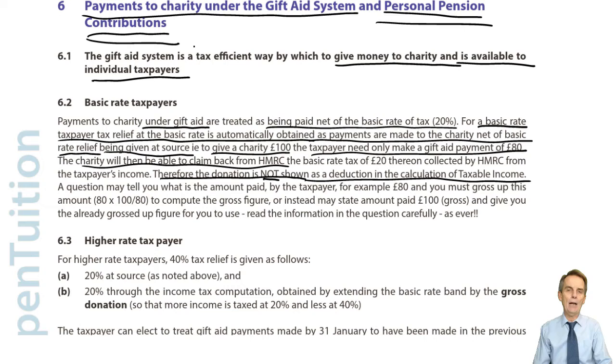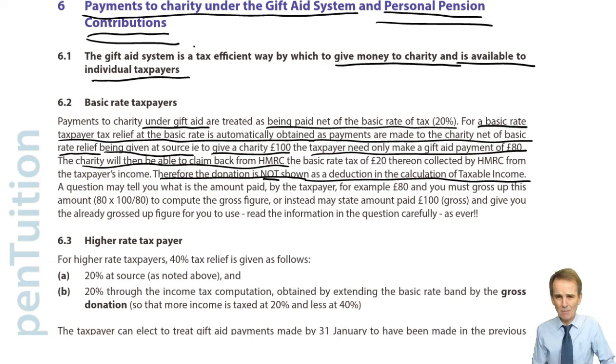And the basic rate tax on that amount of gross income that we'd received is paid over. So on my £80 donation to charity, the 20%, the £20 on a gross of £100, is paid across to the charity.